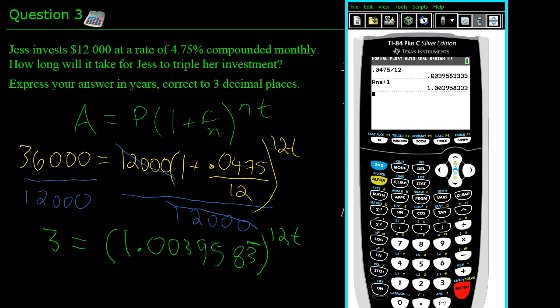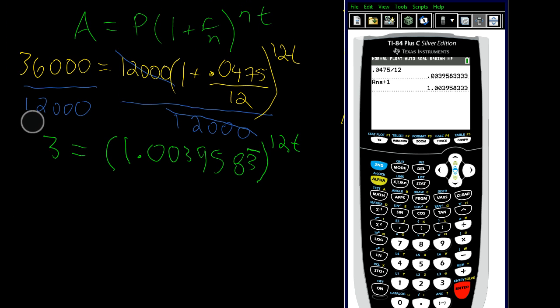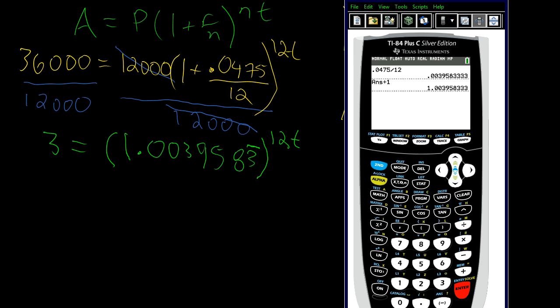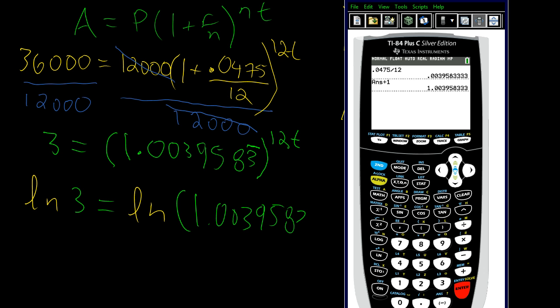But before I could do that, I need to solve for time. And this is where we use logs. I have a variable exponent, so I need to log both sides. So I'm taking the natural log of 3, and then that equals the natural log of this whole side, 1.003958 repeating, all to the 12t.